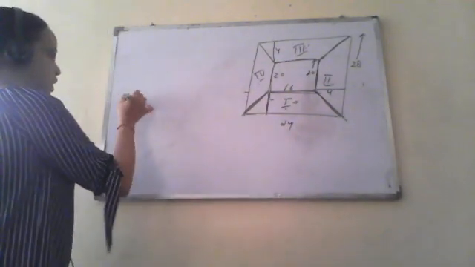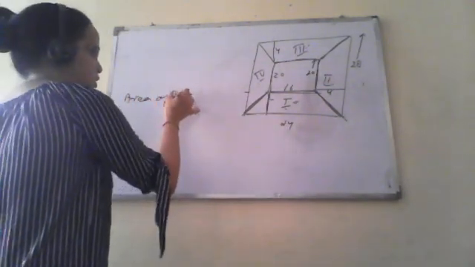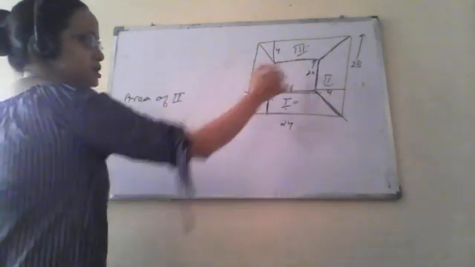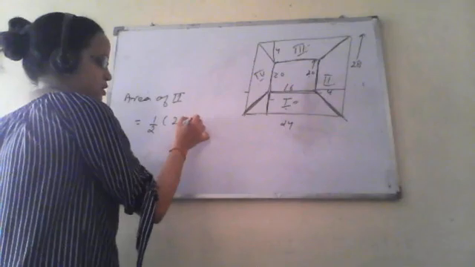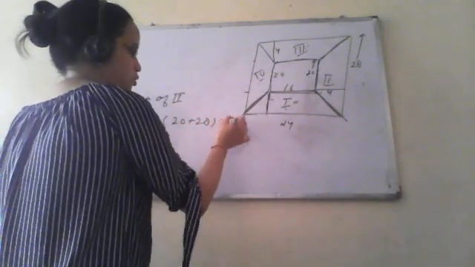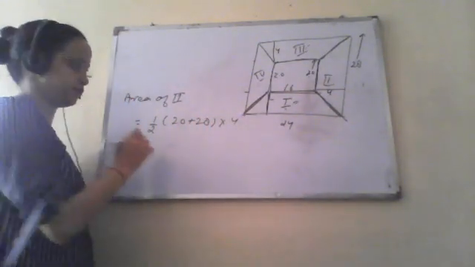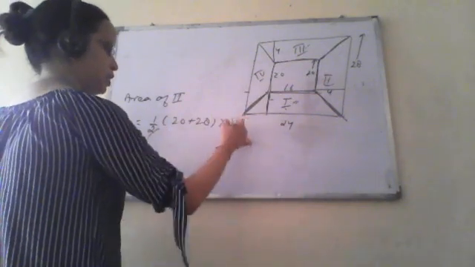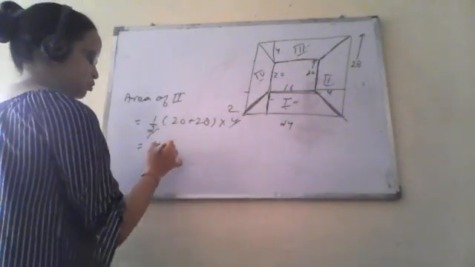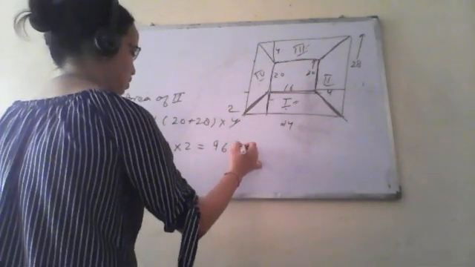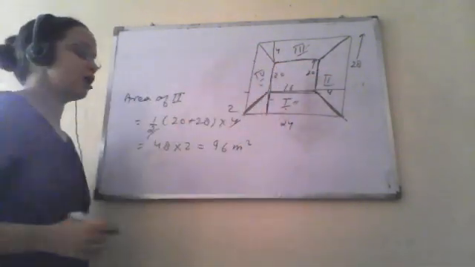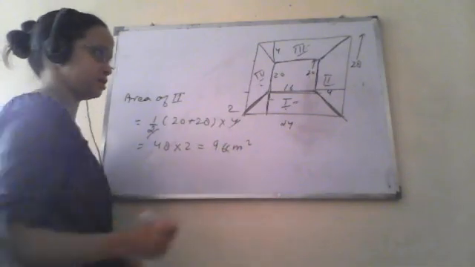So the area of the second part will be half the sum of the parallel sides, that is half of 20 plus 28 into 4. This will cancel out. This is 48 into 2. This is 96 centimeter square. So the second and fourth will have 96 centimeter square area.